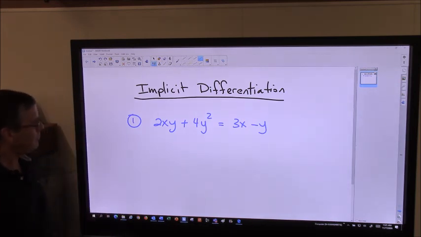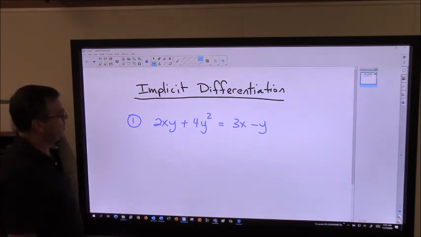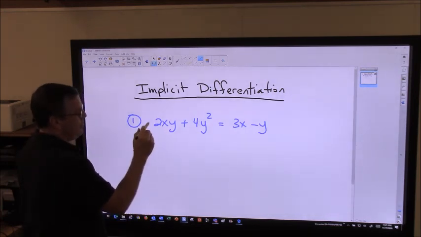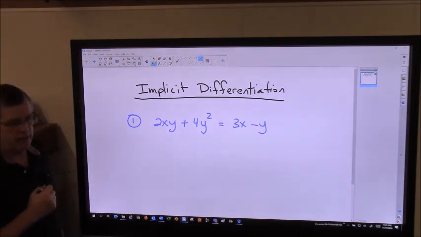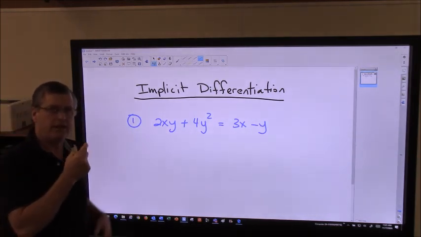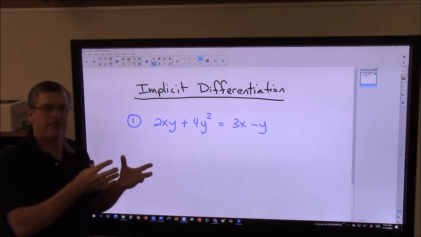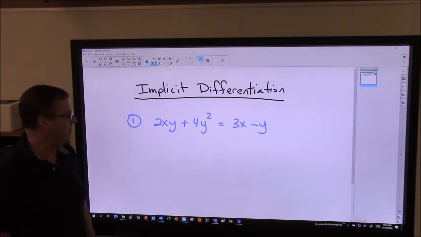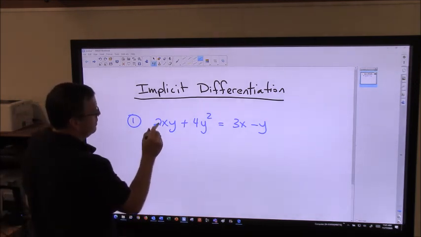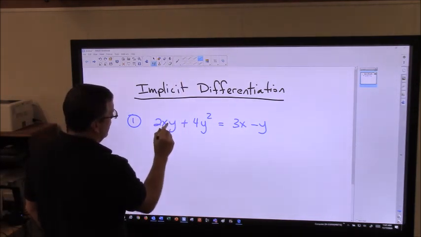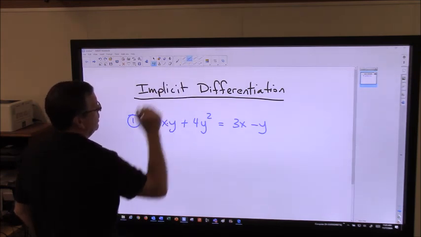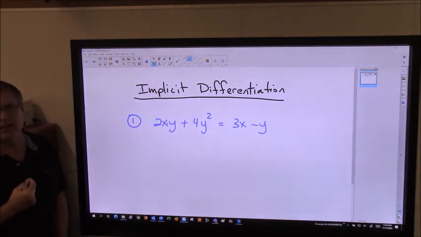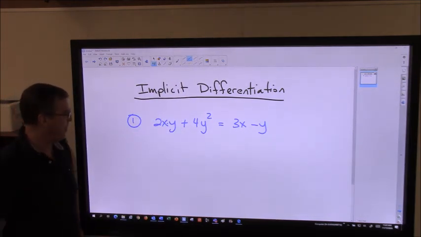Okay? So here's what we're going to do. Every time I take the derivative of something, I'm going to put either a dy or a dx after it. Whatever variable it is, I just took the derivative of. All right? So when I look at this term right here, I'm multiplying these two things, and so what I'm going to have to do is a product rule.